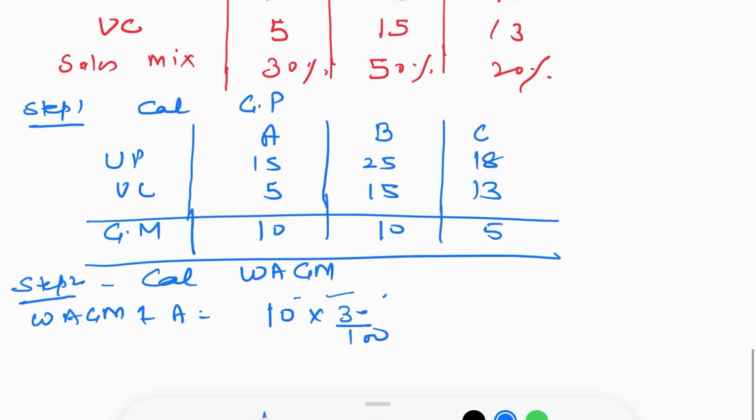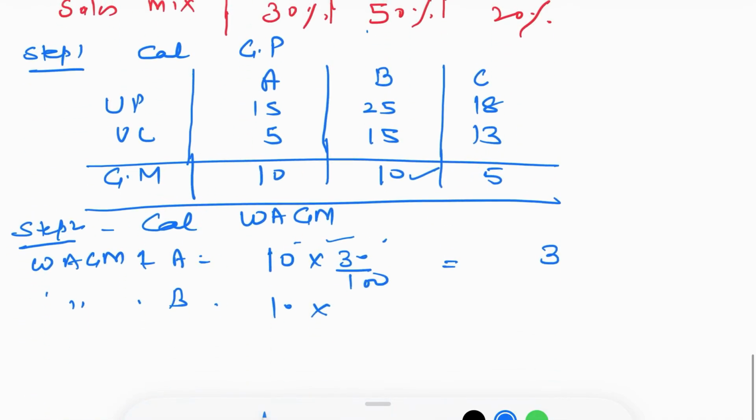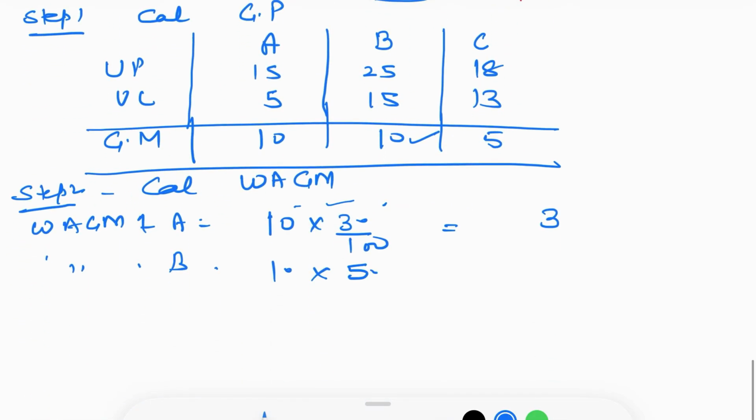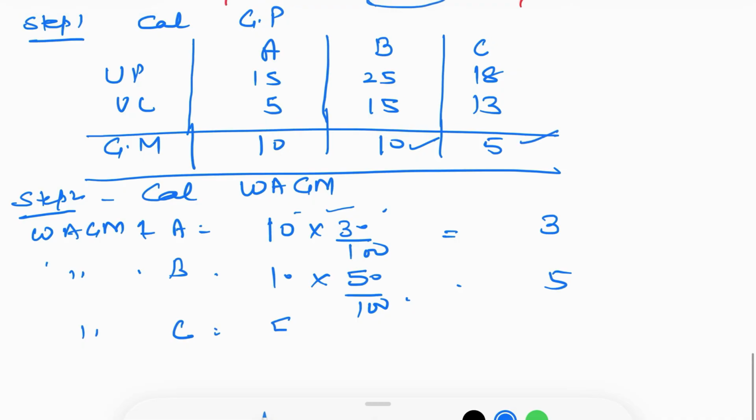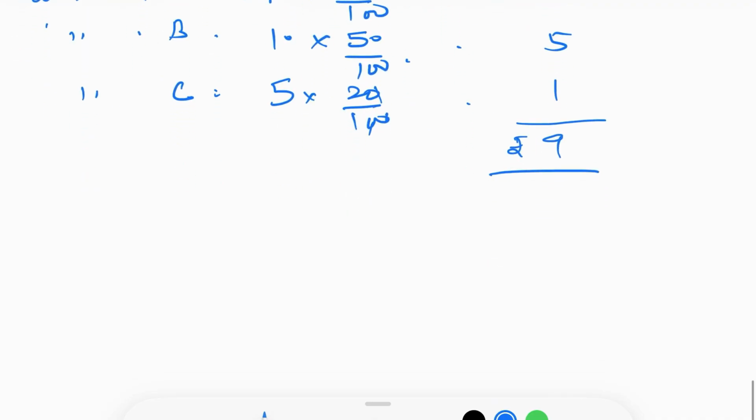What is 30? 30% is your sales mix. So it is 3. Weighted average gross margin of B is 10 multiplied by B's sales mix, 50%, so 5. Weighted average gross margin of C is 5, and its sales mix is 20%, so 1. So how much do I get here? 9. 9 is my weighted average gross margin.